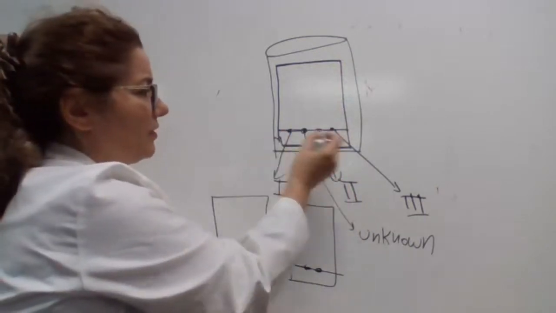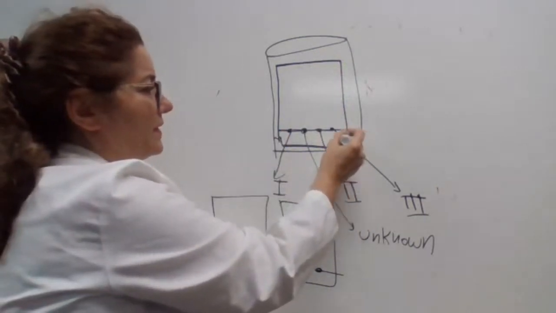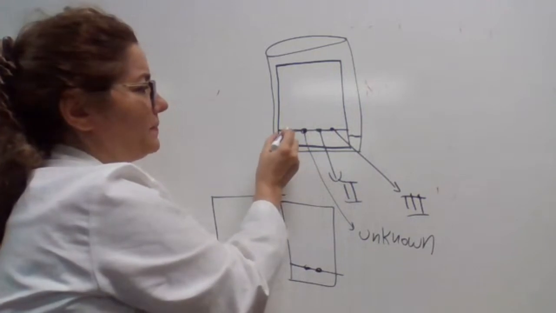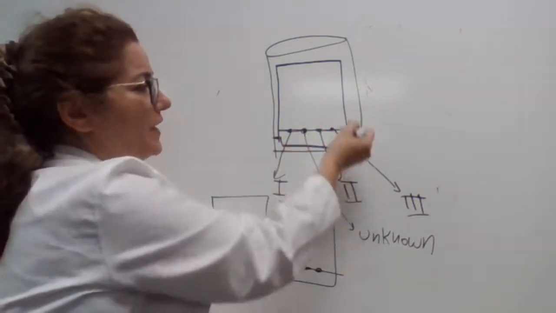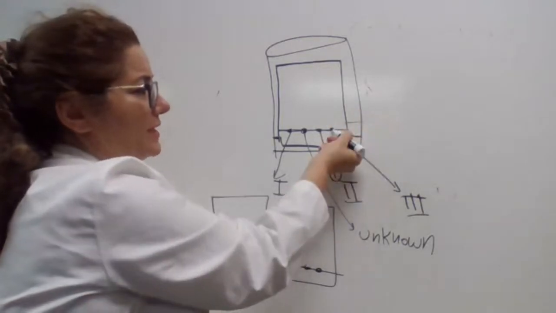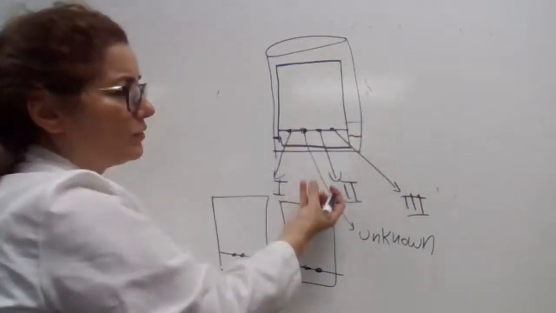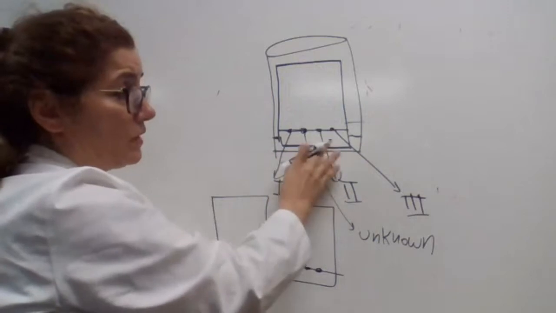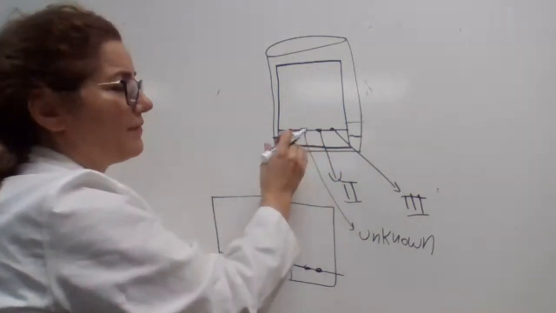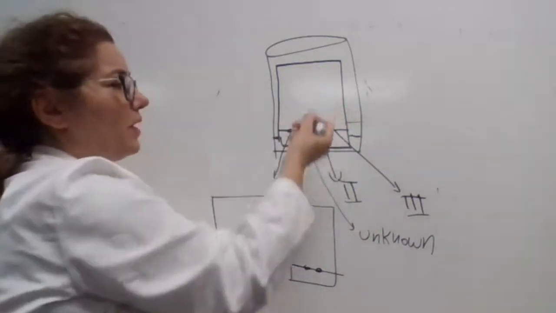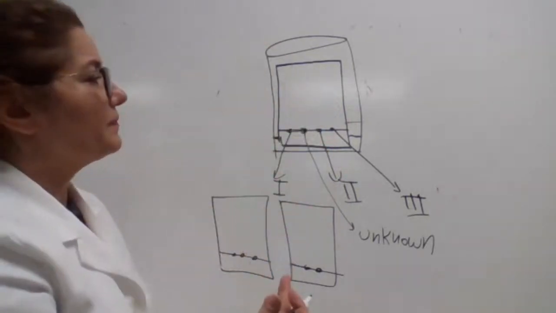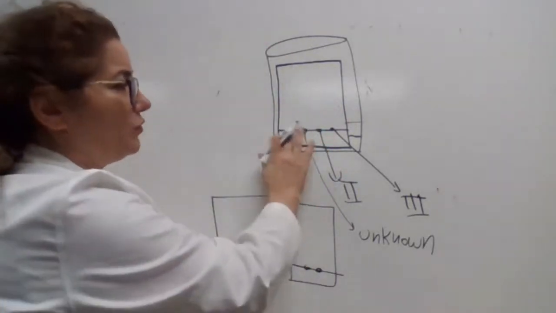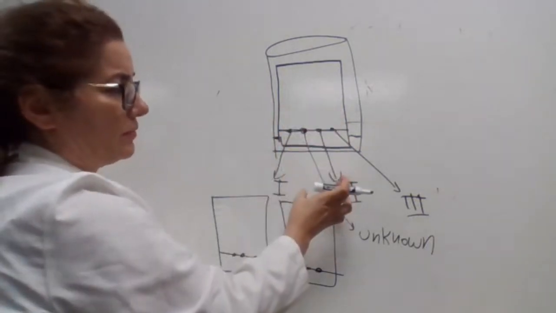The level of the solvent cannot be higher than your sample, because if you fill up your bottle up to this level, it's going to wash everything down and it will get mixed with the solvent. Then instead of having separate spots, you're going to have like one line or everything mixed. You don't want to mix them, you don't want to wash them, you don't want to dissolve them in the solvent.